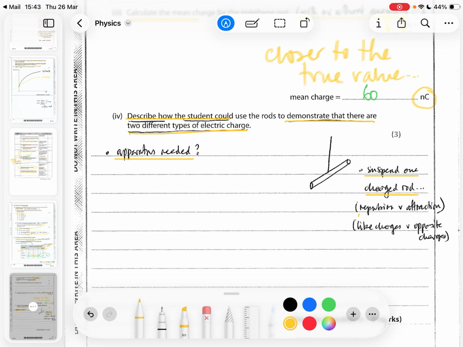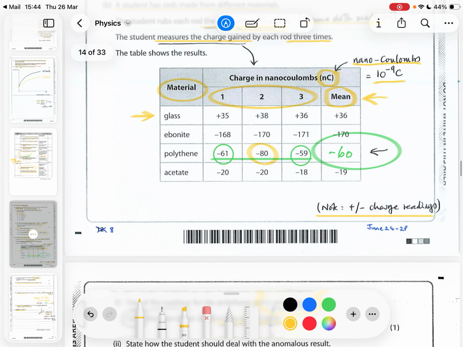And you've got to show there's two types of rods. So this is polythene, which was negatively charged, and you let it stay hanging as negatively charged, and then you charge another polythene rod and you bring it close to the suspended one, you should get repulsion, okay? And then say you brought the glass rod, which was positively charged, had a mean charge of plus 36.